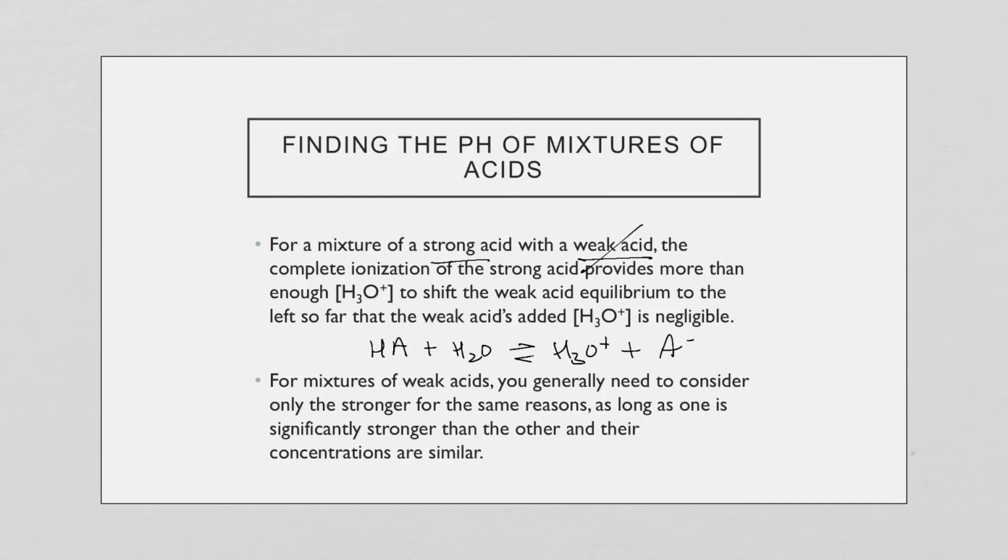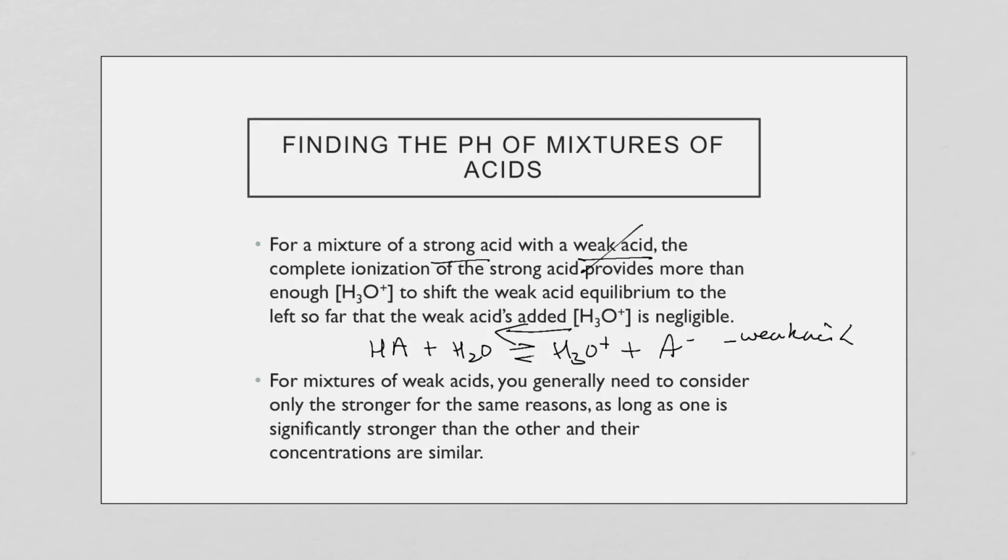If we have this strong acid producing a lot of hydronium ion, that's going to shift this weak acid equilibrium this way, shifting it even more back to the reactant, so lowering how much it's ionized, and even more minimizing the hydronium that's produced from the weak acid.